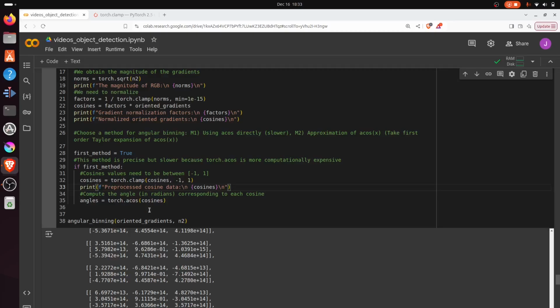Fantastic. So once we have filtered, we need to compute the angle.